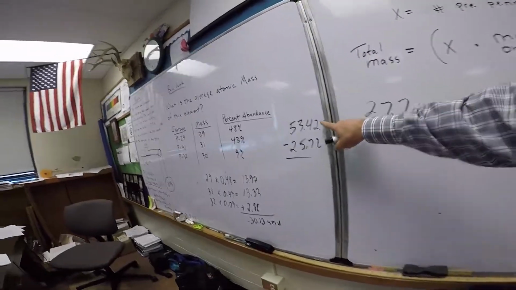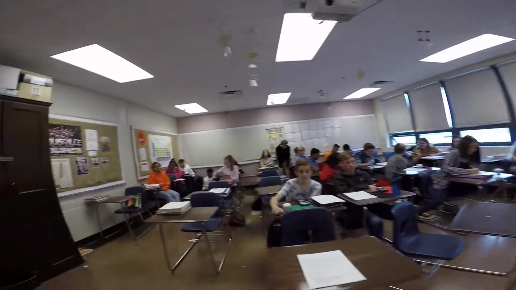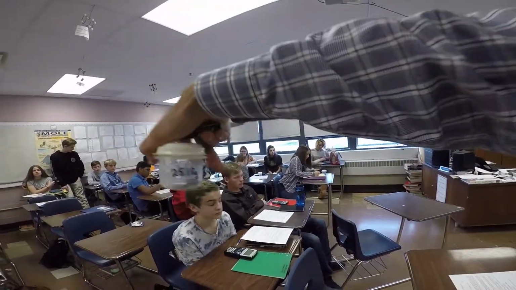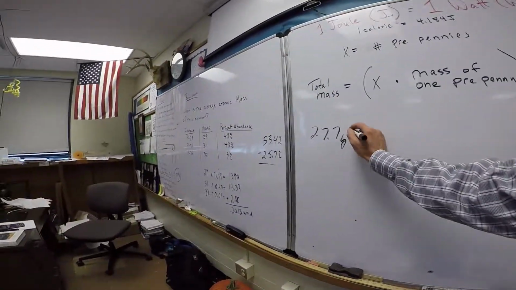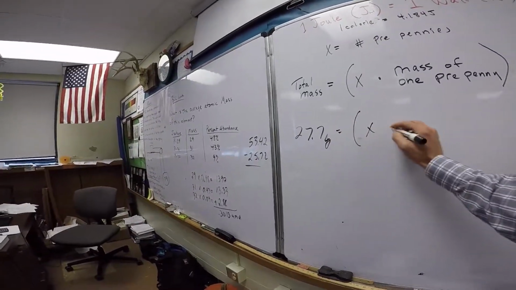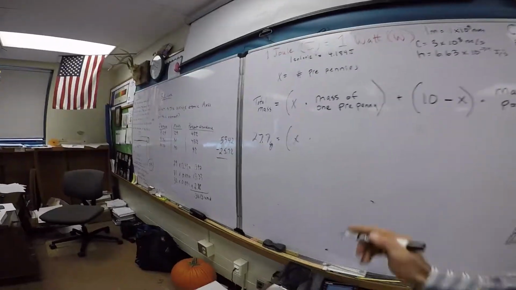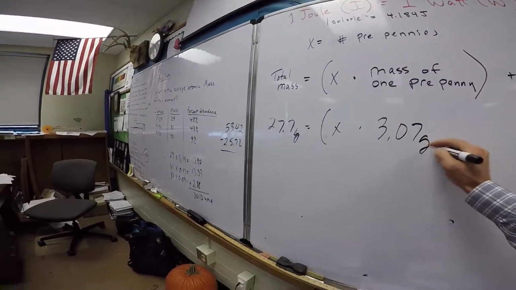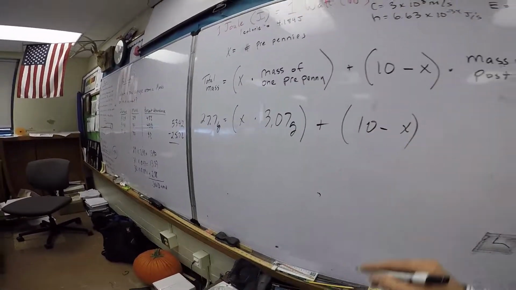So here we have the total mass of the container minus the container. We wrote the container mass on the container. So if you decide to do this, do that. So now we have 27.7 equals x times, what's the mass of a pre-penny? And then what's the mass of the post penny?